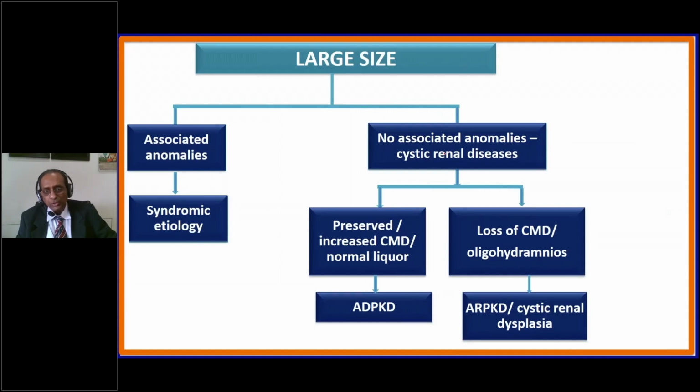If there are no associated abnormalities, and there's preserved or increased corticomedullary differentiation with normal liquor, it could point to autosomal dominant polycystic kidney disease. And if there's loss of corticomedullary differentiation, it could be autosomal recessive polycystic kidney disease or cystic renal dysplasia.